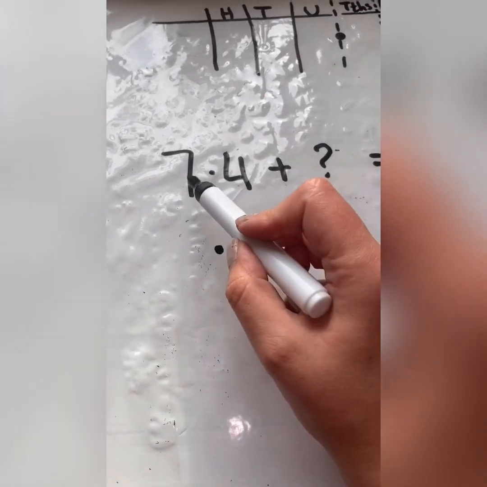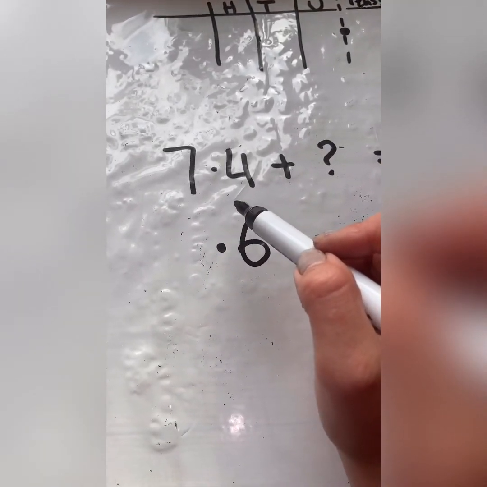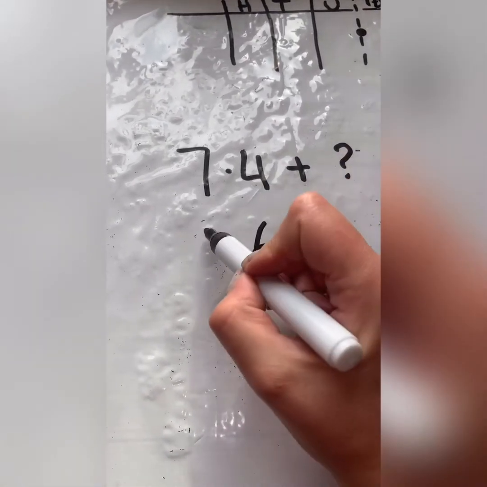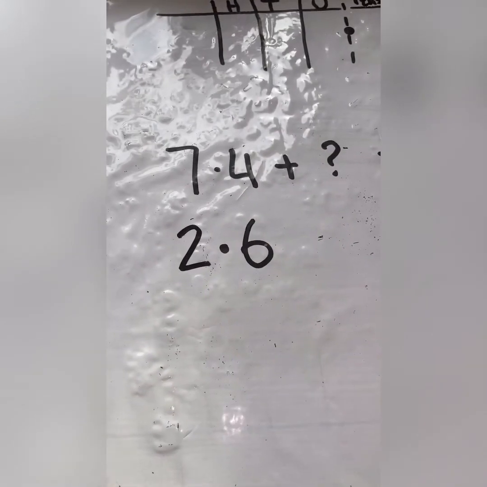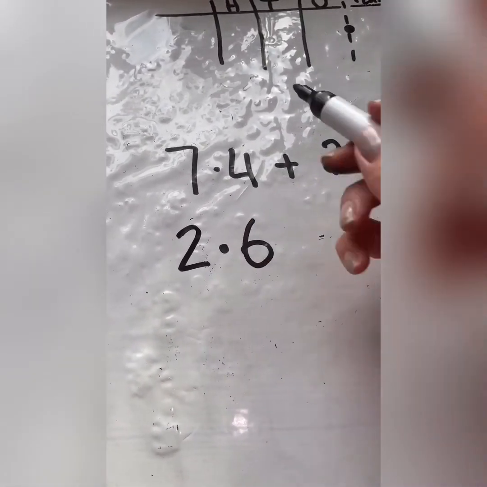Now I'm going to think, 7 plus what gives me 9? Okay, so here's where all those great Learn Its come in handy. So 7 plus 2 gives me 9. Now I can double check that my answer is correct by adding them up together.